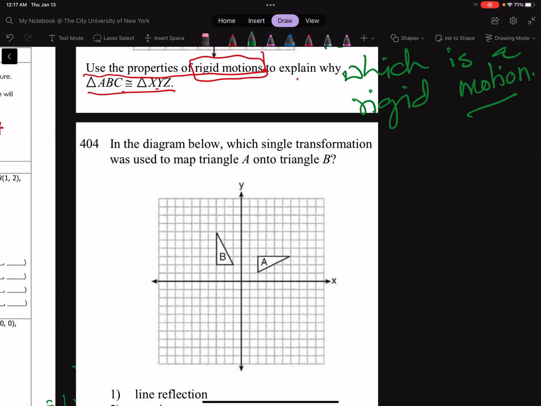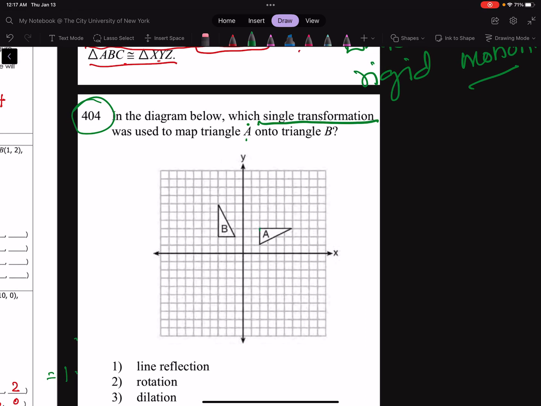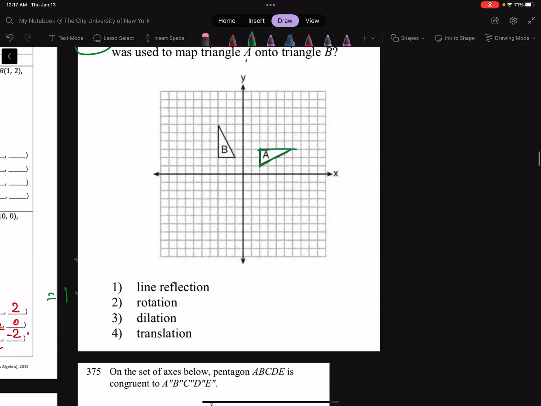That's it. And once you come to number 404, it tells, in the diagram below, which single transformation will map triangle A onto triangle B? So it's a single transformation. You see A is here and it has mapped to this. So we are sure that some kind of rotation took place, because if it reflects through any line, this figure never matches with this, so that's gone.